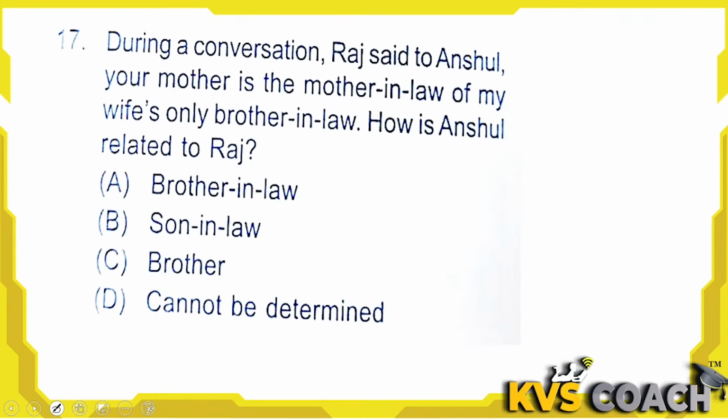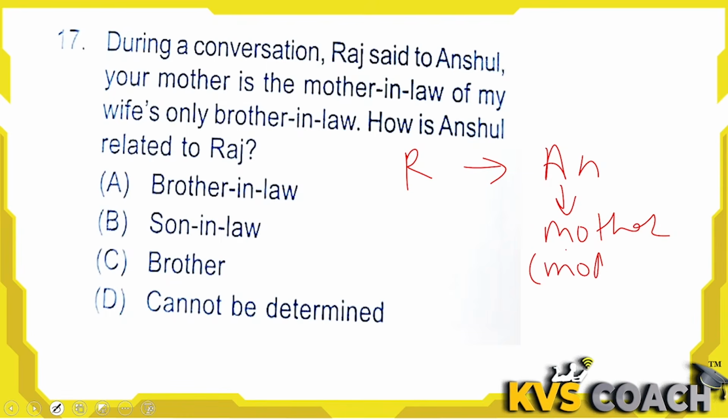Next question is, during a conversation Raj said to Anshul, your mother is the mother-in-law of my wife's only brother-in-law. How is Anshul related to Raj? Raj is saying to Anshul, your mother is the mother-in-law of my wife's brother-in-law.